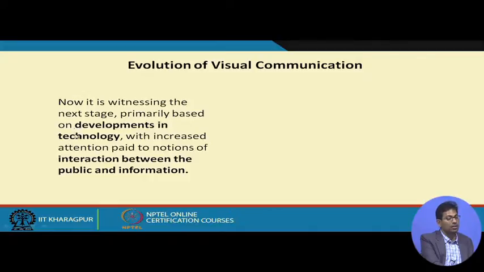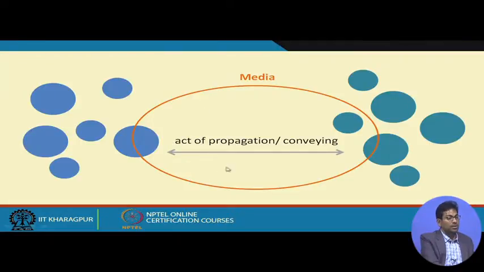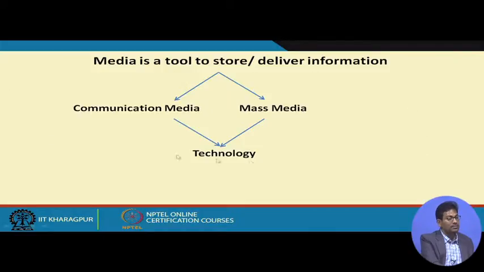A lot of technological developments are taking place, and the importance is now on the interaction between the public and the information. So if we again go back to this particular slide now, the emphasis is on media and its interaction. The next slide will give a little bit better clarity on this.